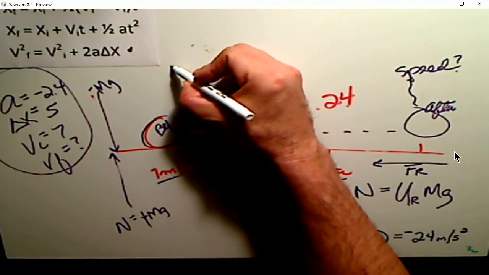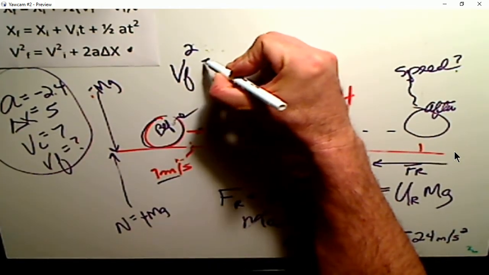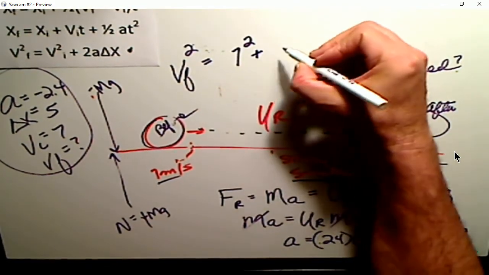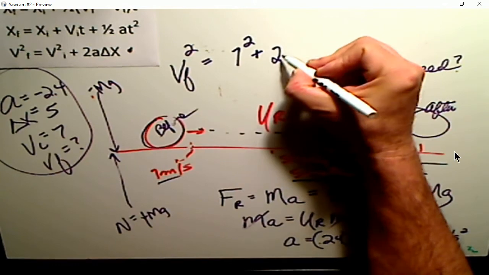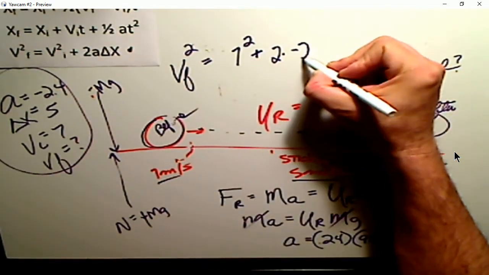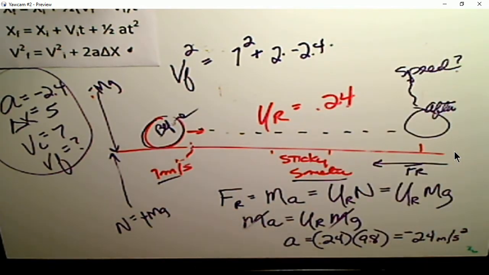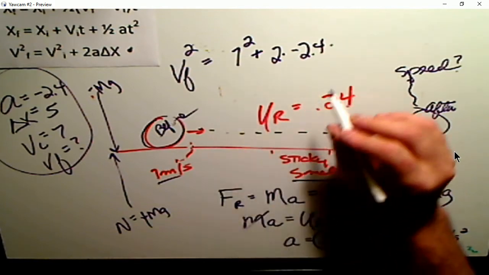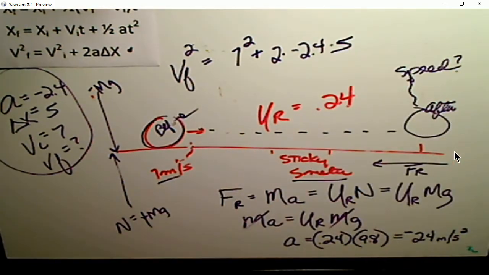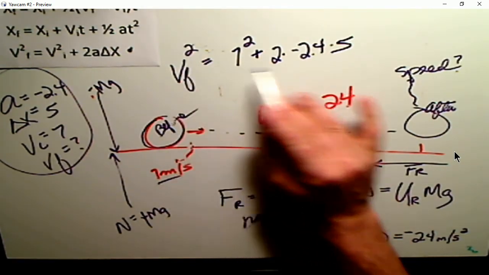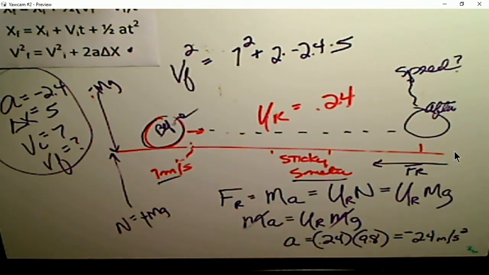And in summary, velocity final squared is equal to 7 squared plus 2 times negative 2.4 times 5. That is going to give us our final velocity once we take the root of this. And I'll let you solve for that.